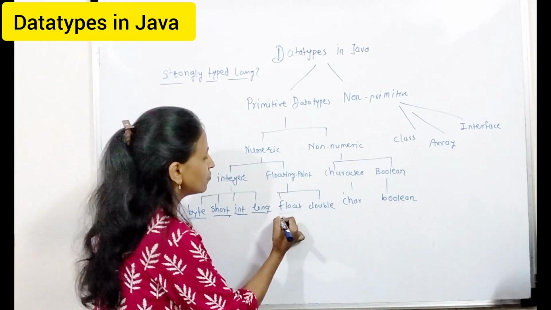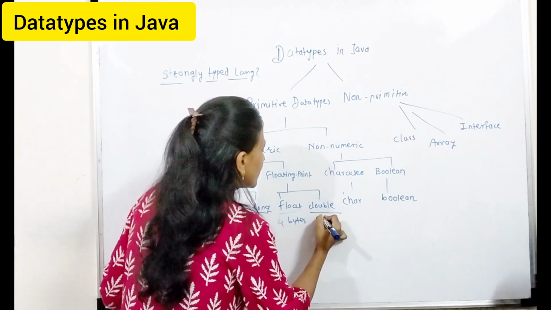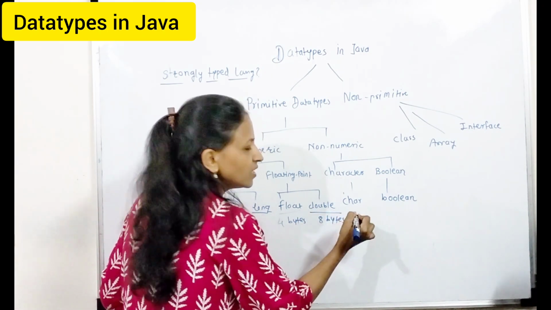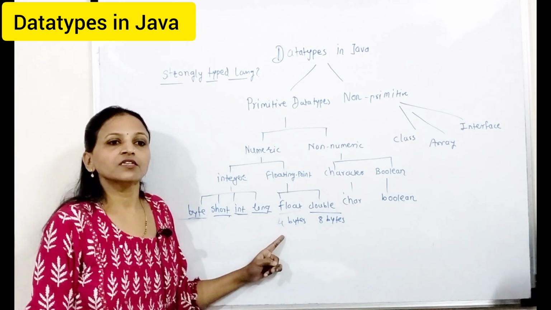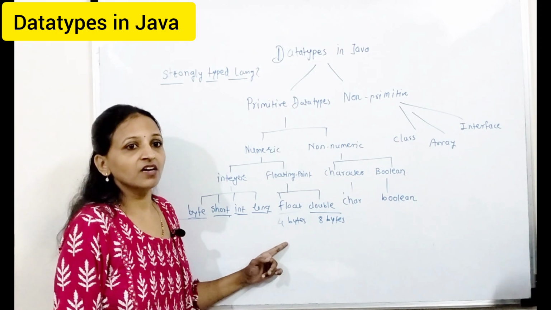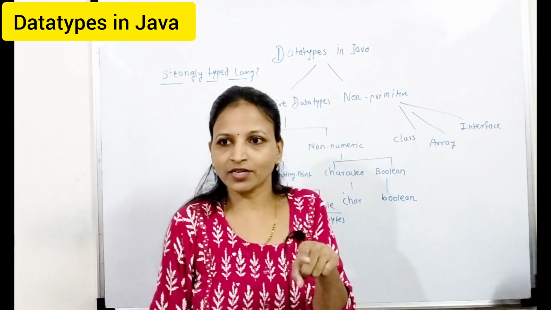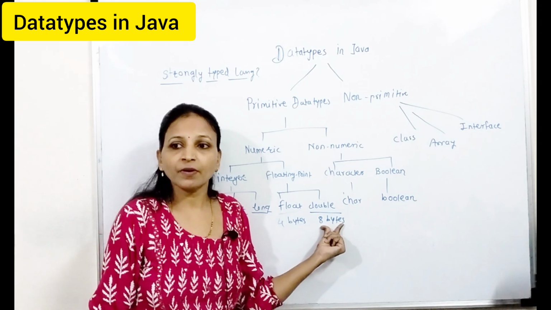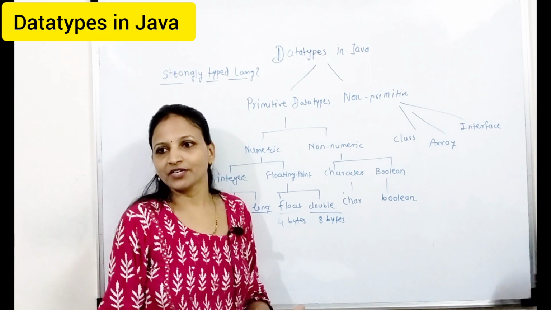It will take 4 bytes in memory, and a double data type variable will take 8 bytes in memory. A float can store numbers having 7 to 8 digits after the decimal point. A double variable is capable of storing 15 to 16 digits after the decimal point.